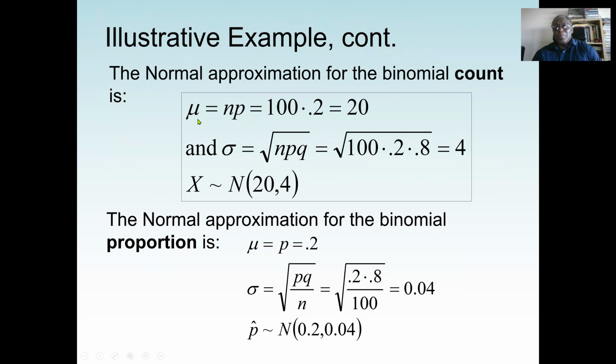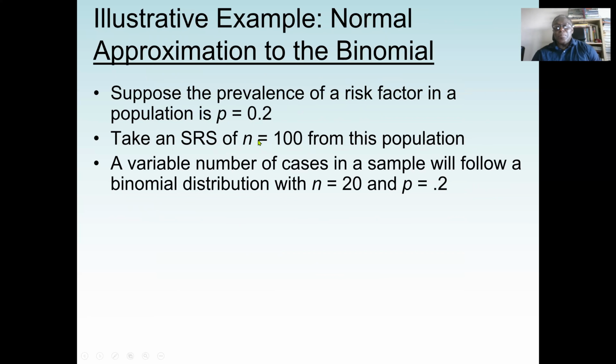So if I'm finding the mean, again we saw the n is 100, the p is 0.2. So that will give us 20.